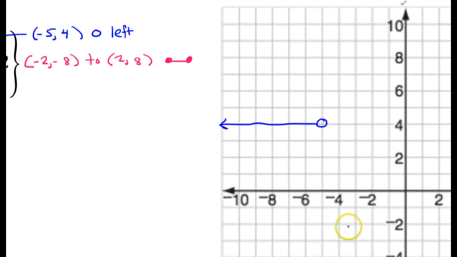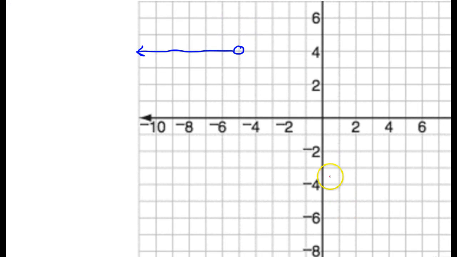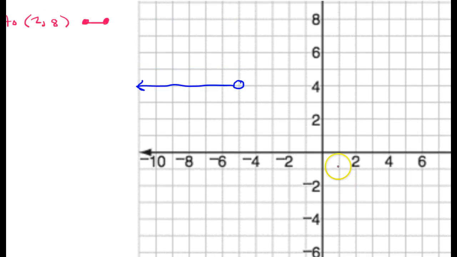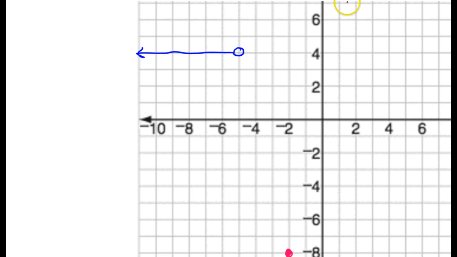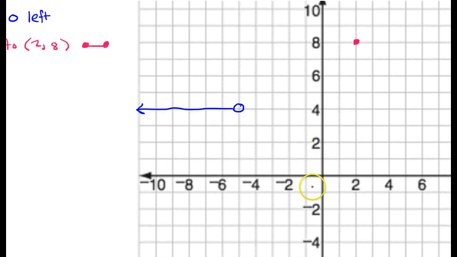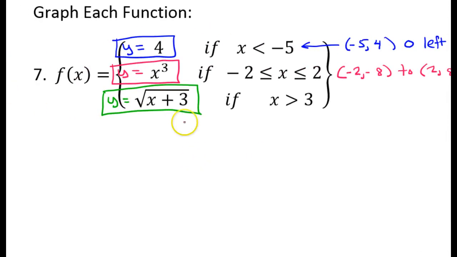All right, that's a big gap right there. Anyway, negative 2 comma negative 8 is going to be right here. And then positive 2, positive 8 will be right here. Now you can't just draw a straight line through these. We need to figure out what's going on on the inside. This is not a linear function.